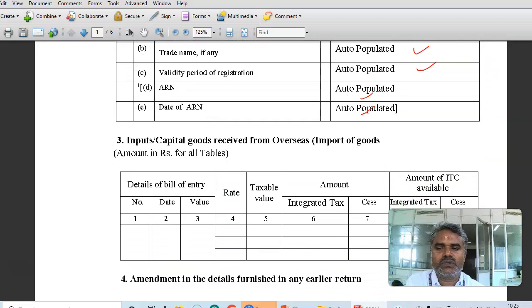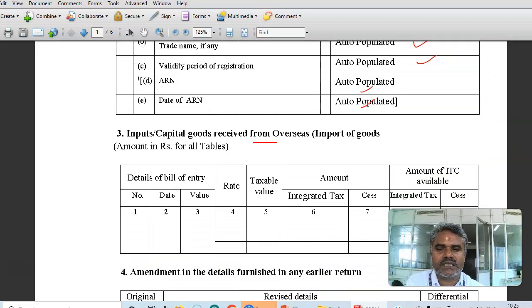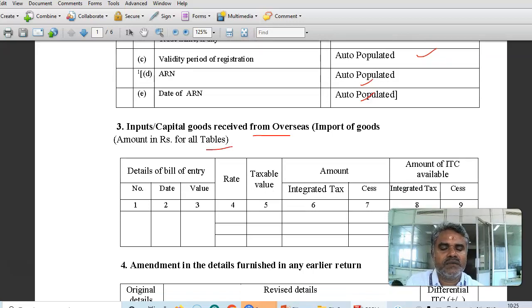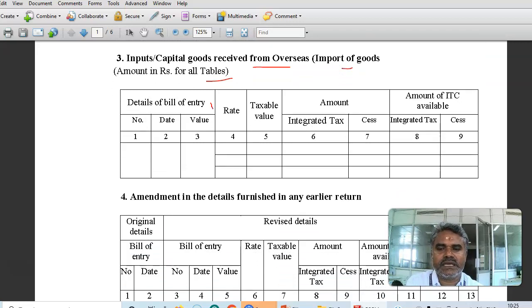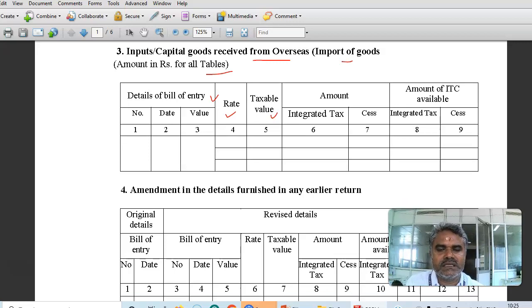You see, input and capital goods received from overseas, because a non-resident definitely imports goods from others. Details of bill of entry: number, date, value, rate, taxable value, integrated tax and cess. Here CGST, SGST, UTGST will not come, because when we import and export goods, we have to pay and collect the IGST, integrated goods and services tax. The amount of ITC, if you have adjusted anything, then pay.